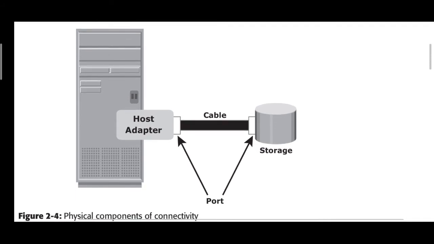The adapter is assembled to the host, called the host adapter, and at the end there is a port. Then you connect it to the storage device. Again, the front view of the storage device has a port, and in between there is a connector, as you can see. The physical components of connectivity: in between there is a cable you can find.